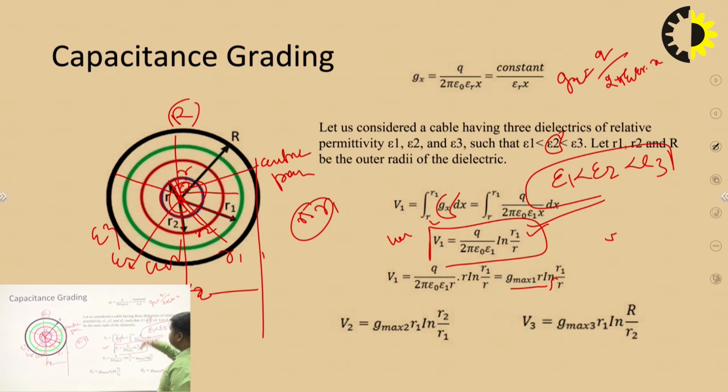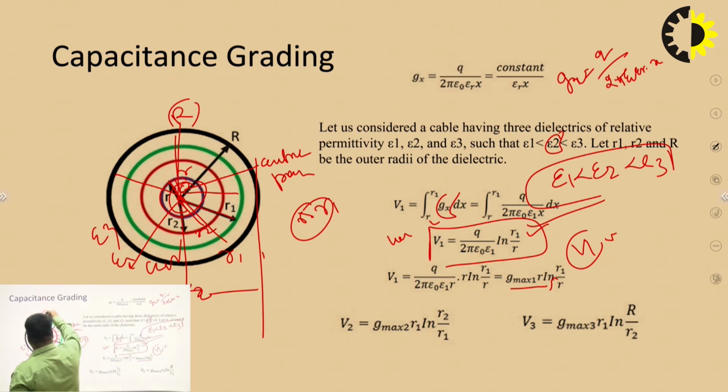We have seen that the stress is inversely proportional to x. Just like that, V2 is G max into r1 ln r2 by r1, and V3 is G max into r1 ln of capital R by r2, the outermost part.